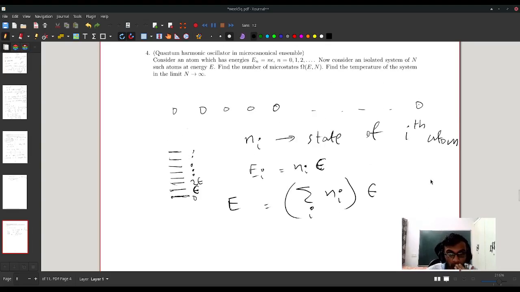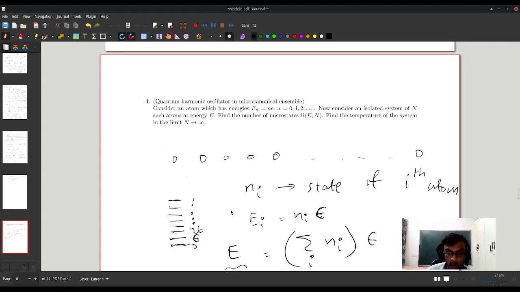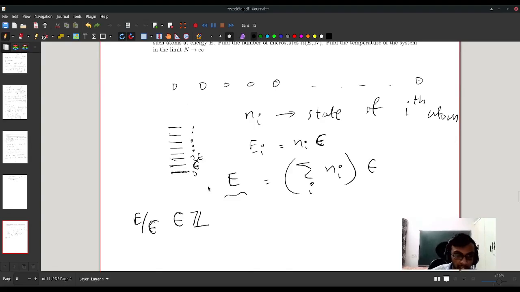Obviously this E has to be an integer multiple of epsilon. So let us assume that E by epsilon is an integer. Only such E's are allowed in the first place. Let us consider such E and say that the system is isolated and its total energy is fixed to this E. Again, the story is the same. What is the number of microstates of the system at this energy?